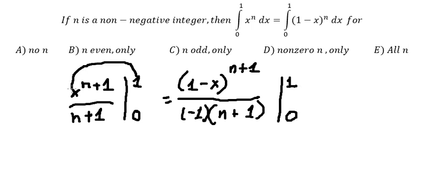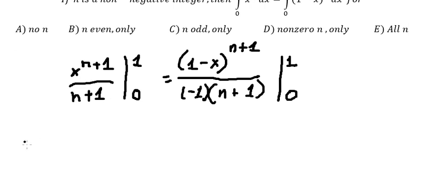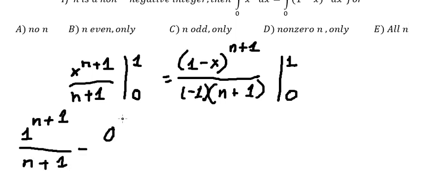For this one, we put 1 in here, 0 in here. So we have 1 to the power of n plus 1 over n plus 1 minus 0 to the power of n plus 1 over n plus 1.